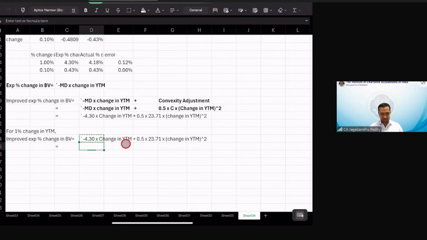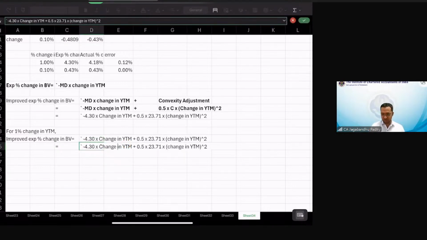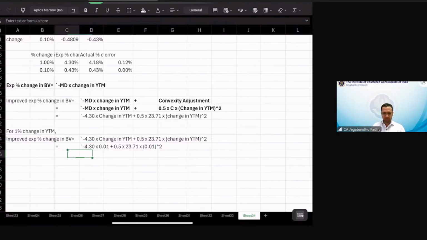So this is going to be like, instead of change in YTM, we'll take 1%, and basically 1% is 0.01, and this is 0.5 into 23.75. Again, in place of change in YTM, we will take 0.01, because that's 1% change, so 0.01 square. And if I just solve this, what is the number that we are getting, guys?